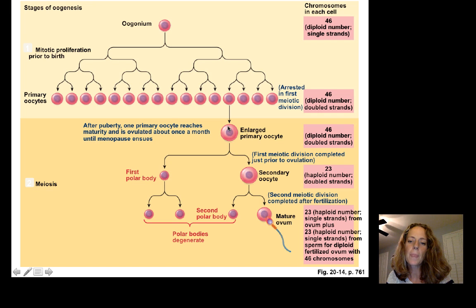From there, the primary oocyte will become a secondary oocyte during puberty. The secondary oocyte is what will be ovulated and complete meiosis I, but it will not become a mature ovum unless there's fertilization, and that's why a sperm is drawn here, which is signaling to the oocyte to become a mature egg as fertilization occurs.